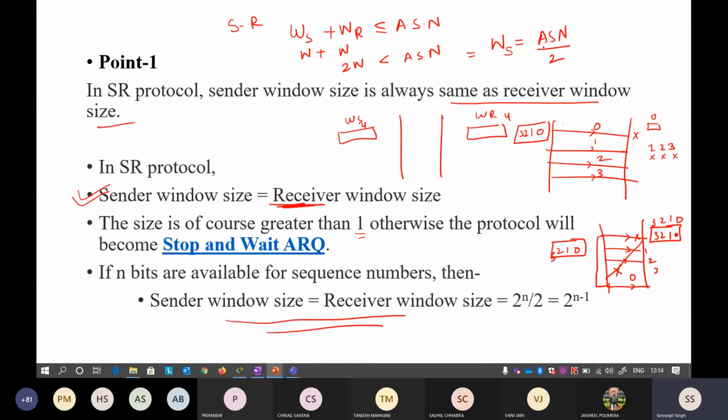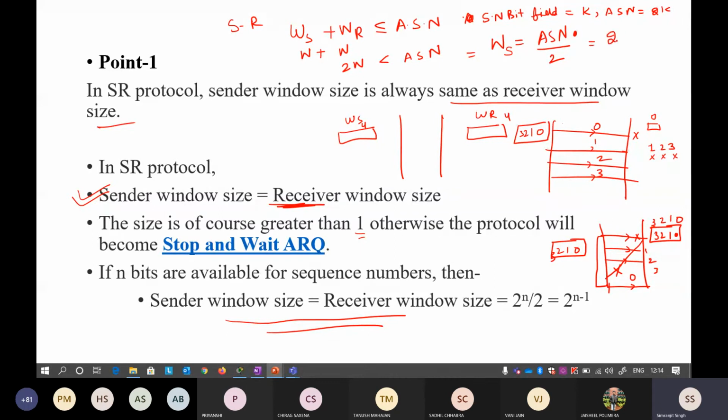Now I have to assign some bit field here. For the sake of deriving the formula, suppose the available sequence number bit field is k. Then my available sequence number becomes 2 raised to power k, or 2 raised to power n if I take n.